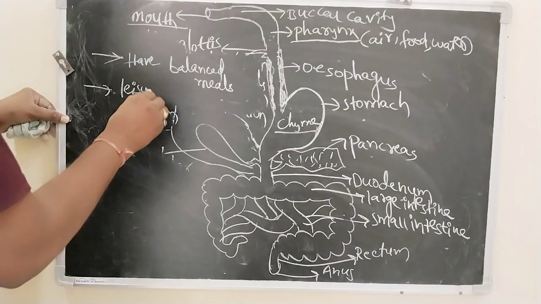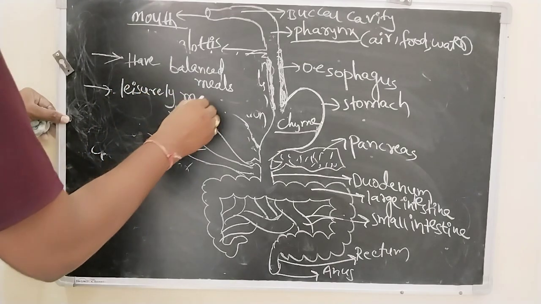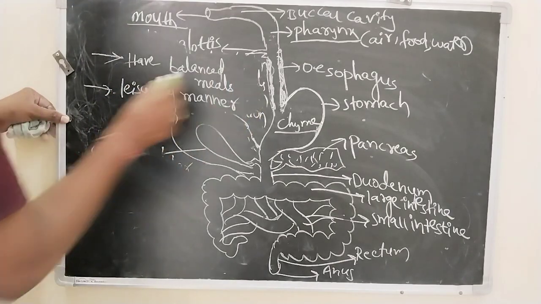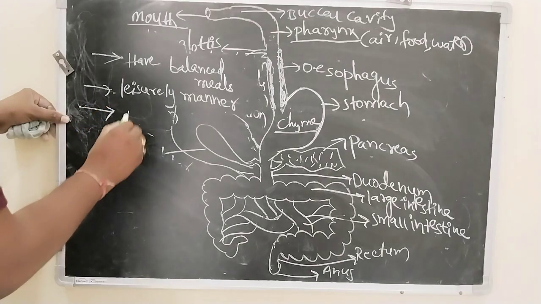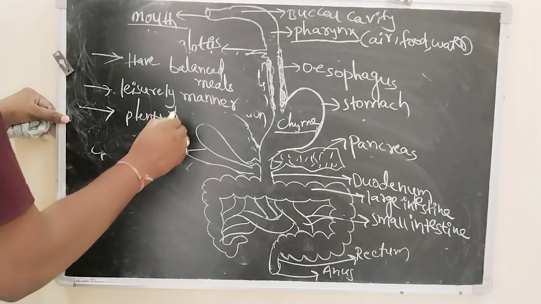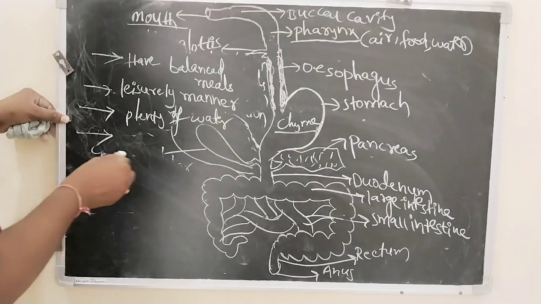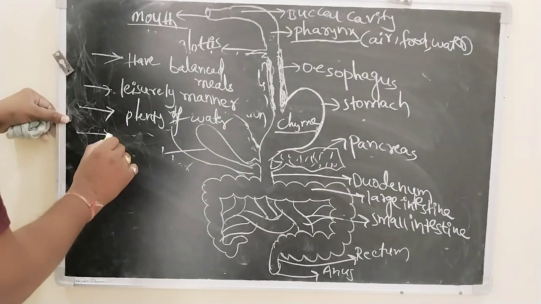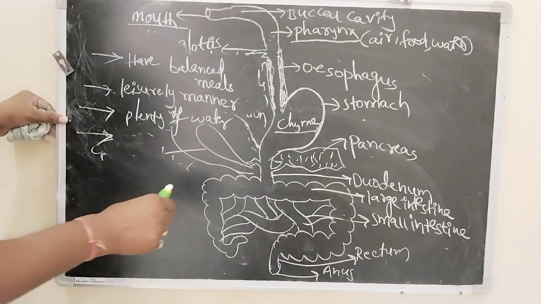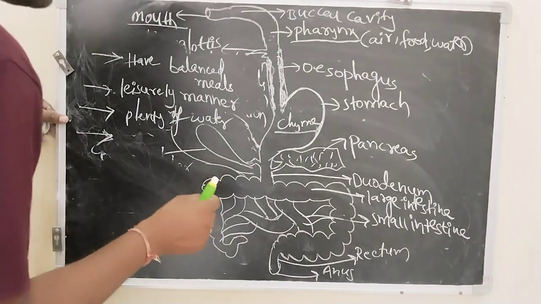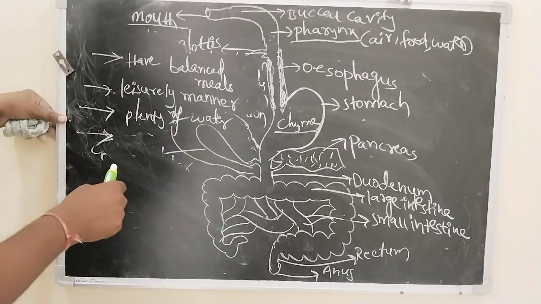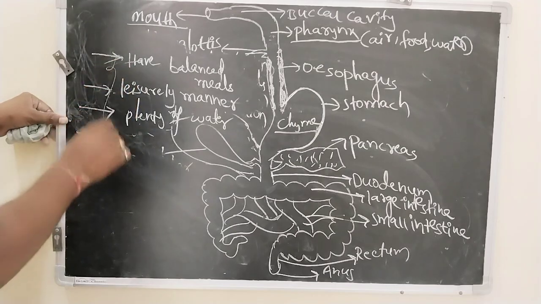We should not eat food in a hurried manner. We have to eat food in a leisurely manner. Next, drink plenty of water. Avoid exercise immediately after eating. Okay, do regular exercise, but avoid exercise immediately after eating. These are the rules we have to follow.